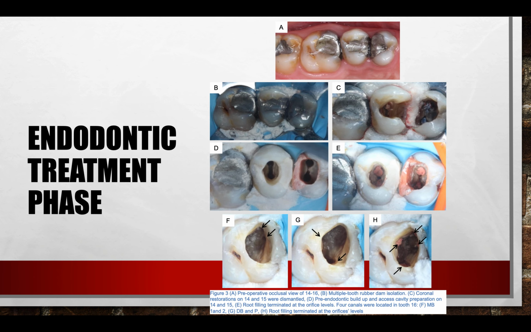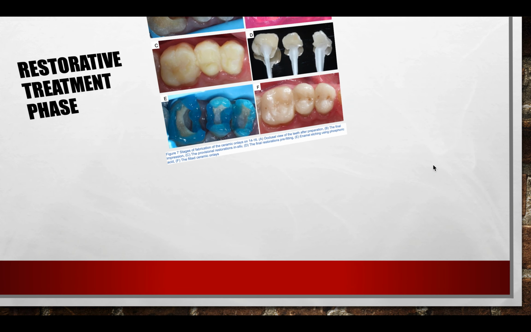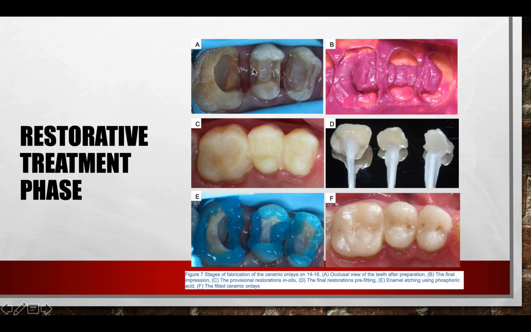Of course, we removed all of the restorations and the caries underneath. We did a build-up for the teeth. We root canal treated them. That was done for the premolars and the molars. The teeth were then prepared for cuspal coverage restorations because the marginal ridges were affected.